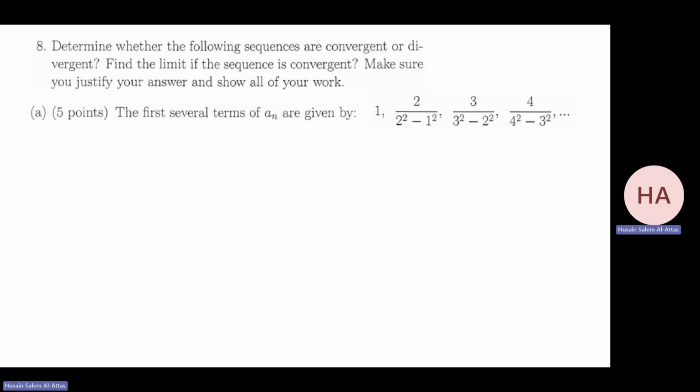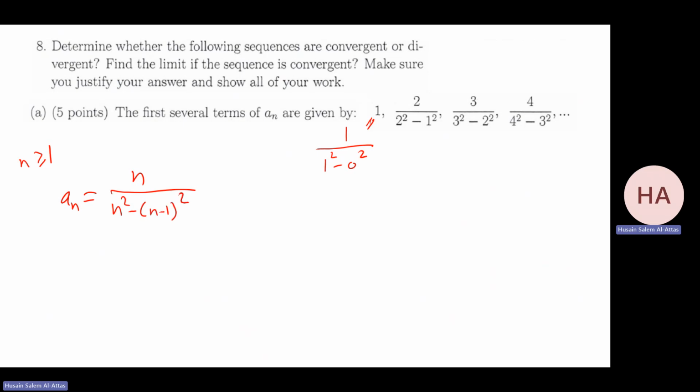Okay. So this one, if I want to write it, I have 1 over 1, so it's 1, 2, 3, 4, which is this one. I can write it as 1 over 1² minus 0². So a_n will be what? In the numerator, it's n, with n greater than or equal to 1, over, at n equal 1, n² minus (n minus 1)².